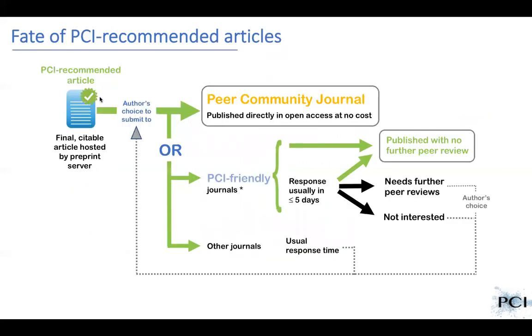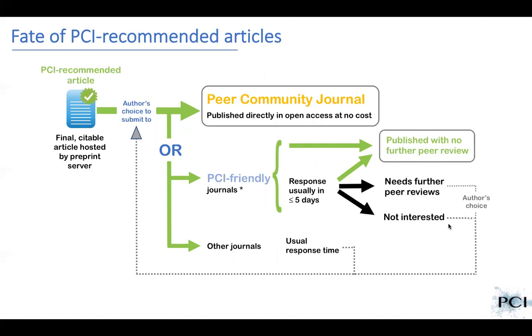Indeed, the authors can publish the recommended preprint right away in the Peer Community Journal with no further peer review and at no cost, or they can submit it to a PCI-friendly journal. Some of these journals accept the PCI recommended article with no further peer review. Others have agreed to rapidly reply to a pre-submission inquiry to inform the authors if the journal is interested in publishing the article with or without peer review.